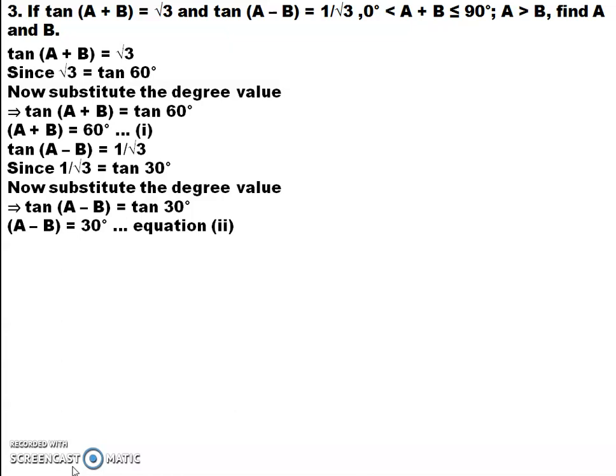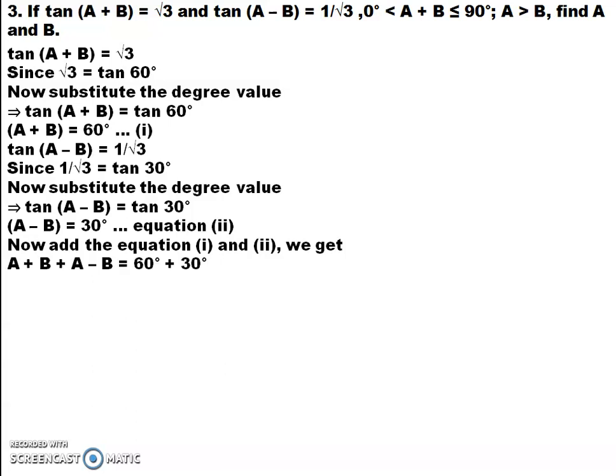So which two equations did you get here? A + B is equal to 60 degree and A − B is equal to 30 degree. How will you solve these equations with two linear variables? I am using here the elimination method. Now add the equation 1 and 2.